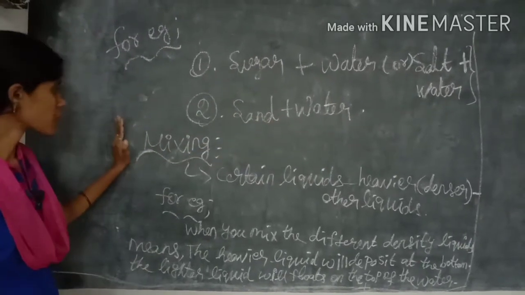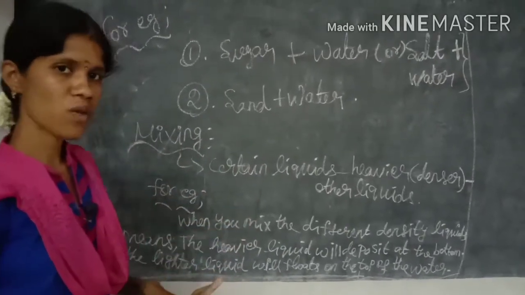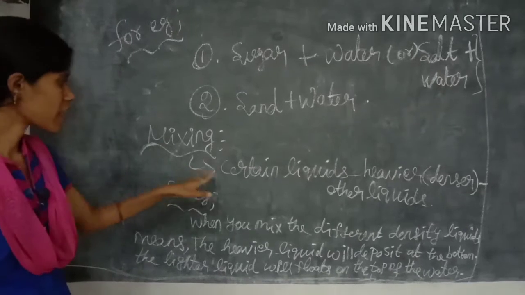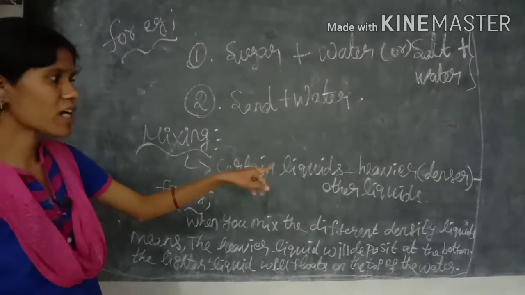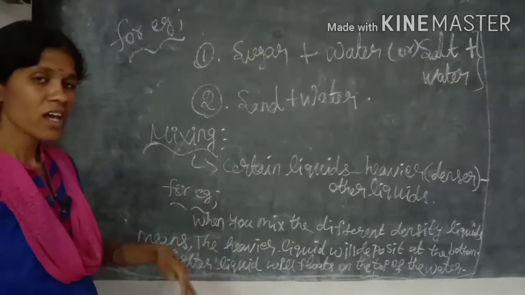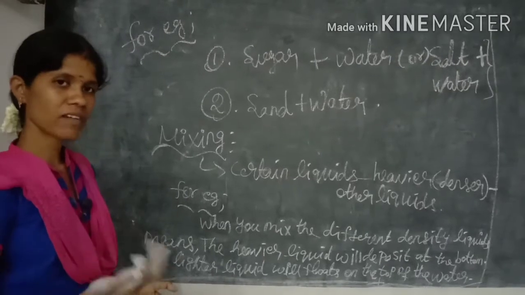The next one is mixing. Mixing means the combination of two or more substances. Certain liquids are heavier, that is denser, than other liquids. Some liquids have low density and some have high density.